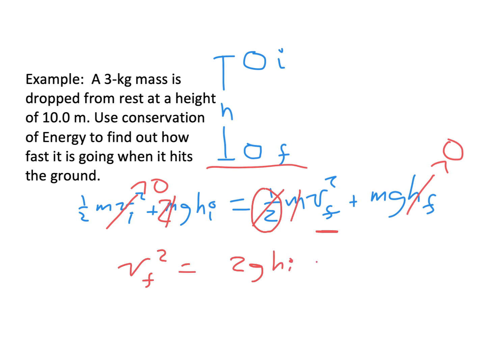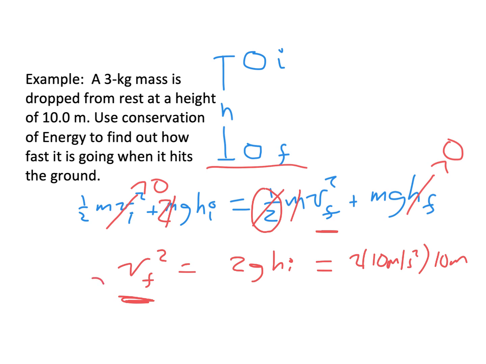And that's going to be equal to 2 times 10 meters per second squared. That's our little g. Really, we could plug in 9.8 if we wanted to be really careful, but 10 is good enough for what we're doing here. And then h is the 10 meters, and that's equal to the final velocity squared.